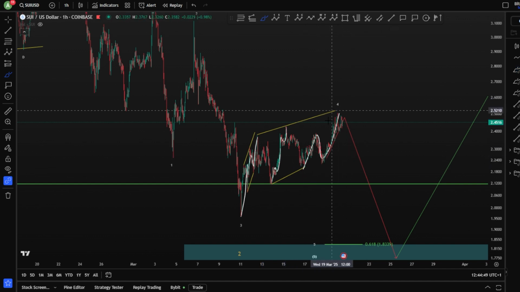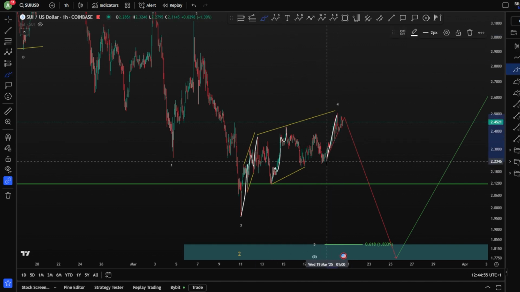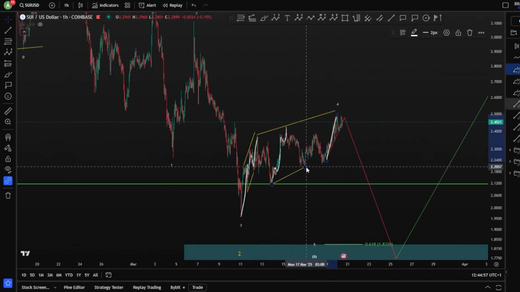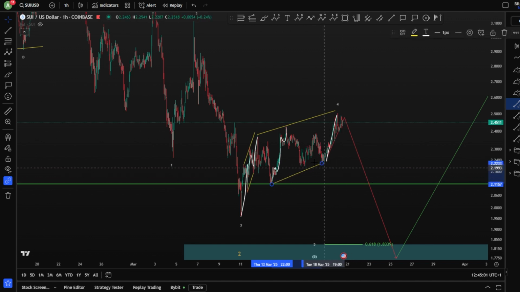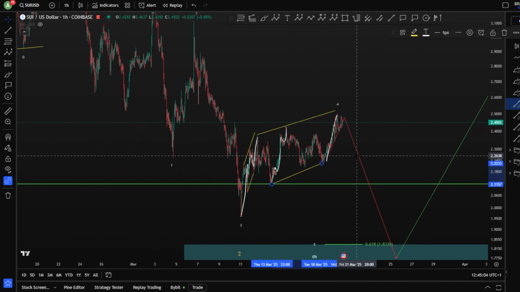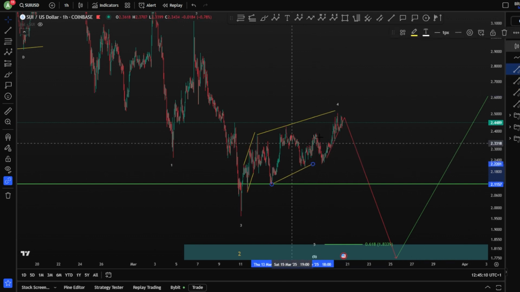But for a wave 4, for a wave 5, you need an impulse, not a zigzag, which is exactly this one. But this did not take the low, meaning is it possible that we are like this here in a correction? Also possible. So guys, I don't deny that we are very bullish potentially, and we're looking for higher for SUI.